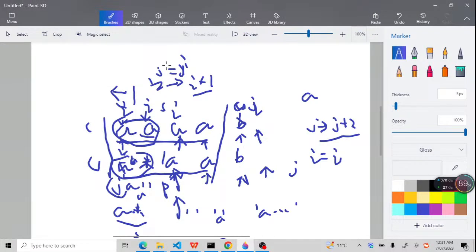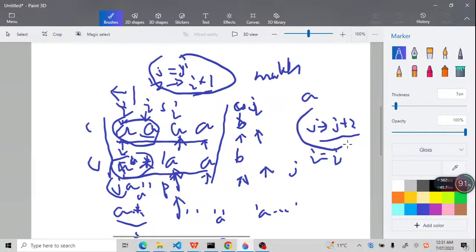Yeah. So for this j equals j, i plus 1, we don't need to check the match. We just need to use it to shift one by one. But when it goes to j plus 2 and i equals i, j shifted two places.